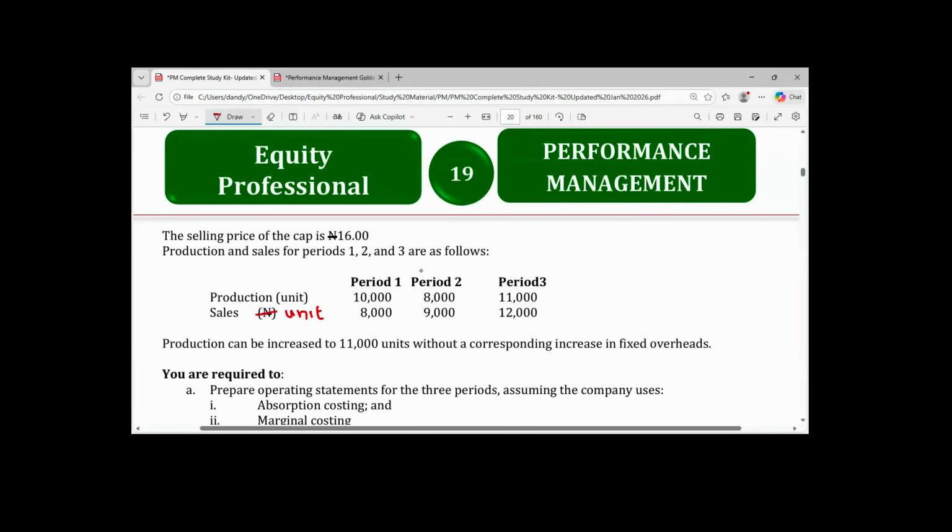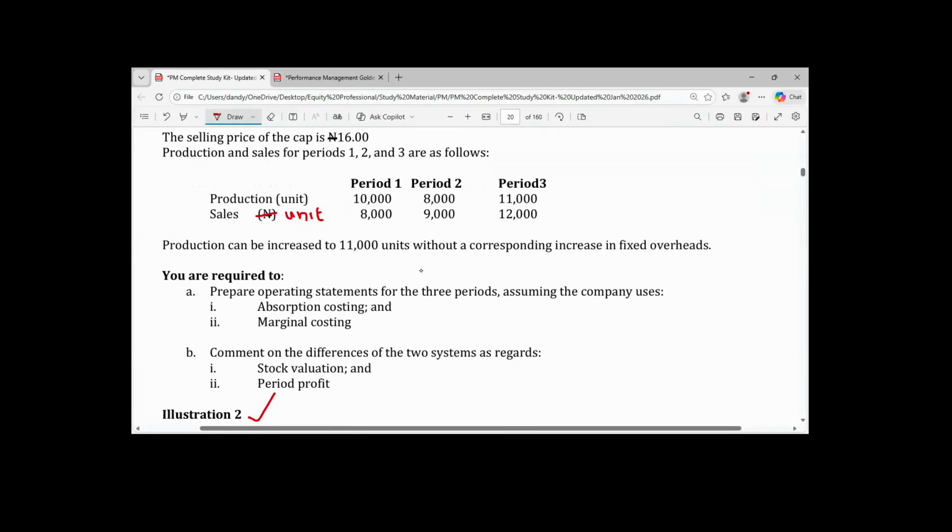Production can be increased to 11,000 units without a corresponding increase in fixed overhead. You are required to A, prepare operating statements for the 3 periods, assuming the company uses absorption costing and marginal costing.